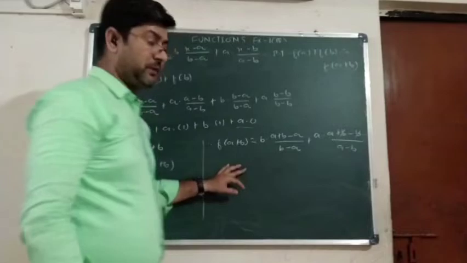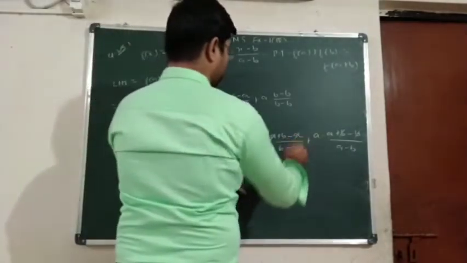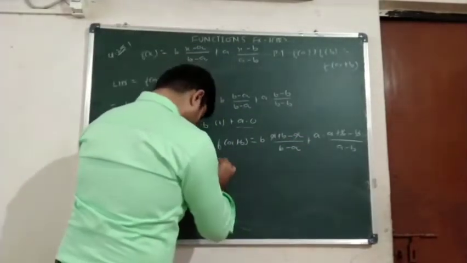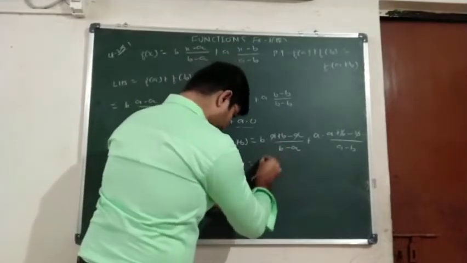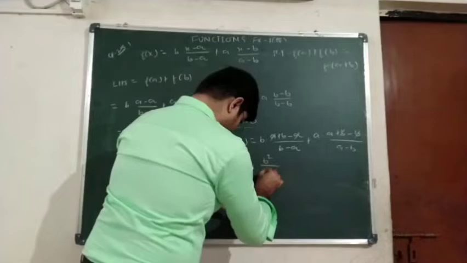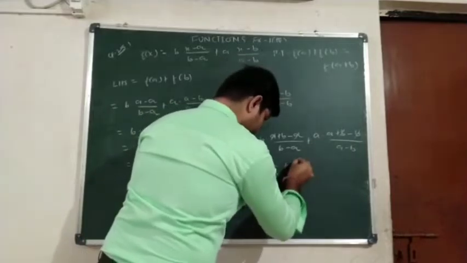Plus b minus b and plus a minus a will get cancelled. So f of a plus b is equal to b into b square upon b minus a plus a into a square.